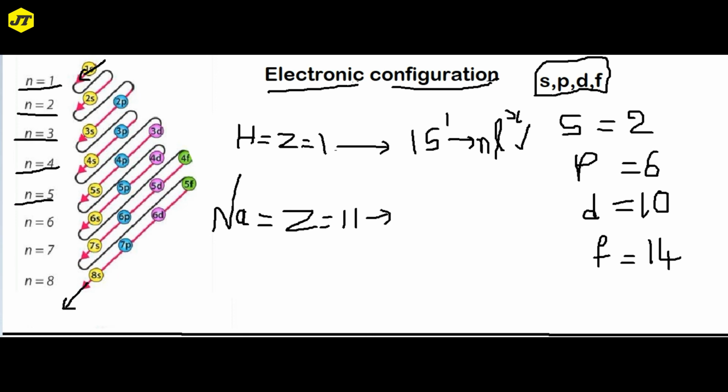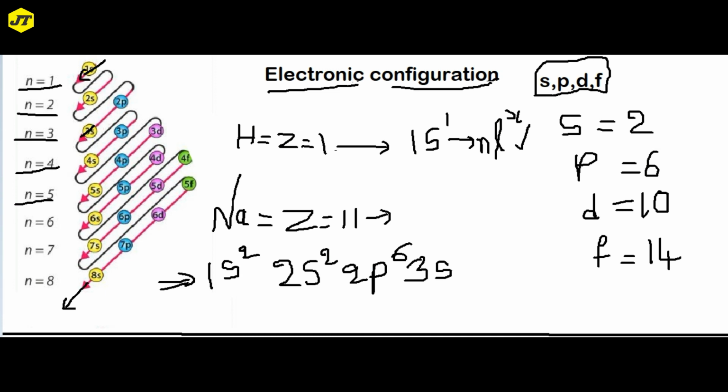The electronic configuration of the sodium atom is 1s2 2s2 2p6 3s1, that is 1s2 2s2 2p6 3s1.